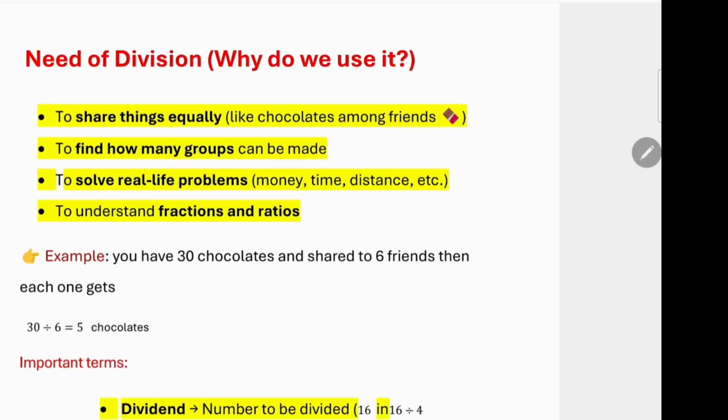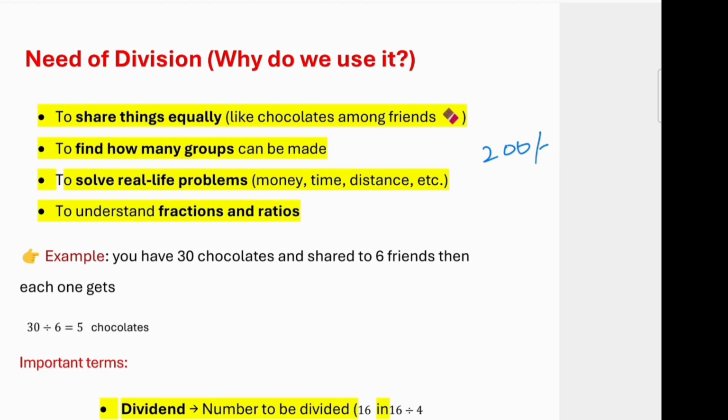We also use division in giving equal money. For example, your mother has given 200 rupees to you and your sister. Then your mother told, share equally both of you.